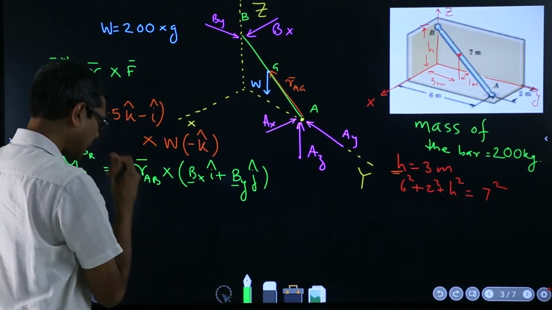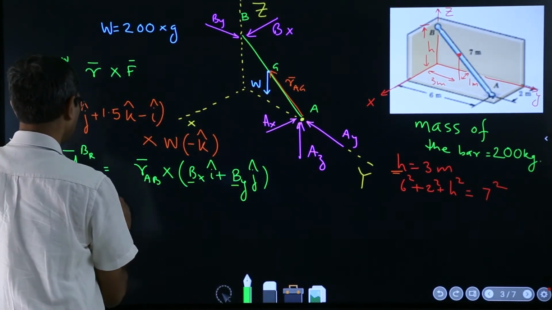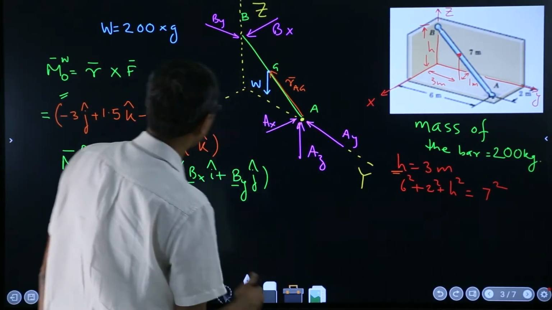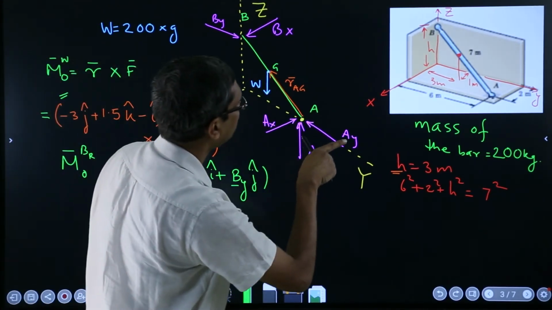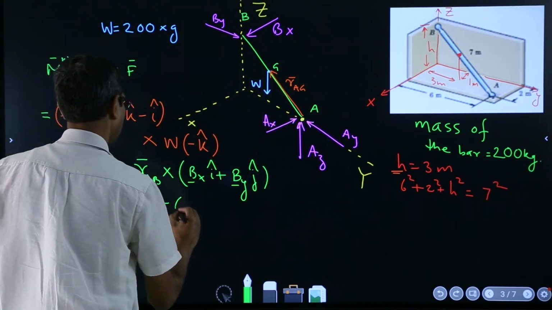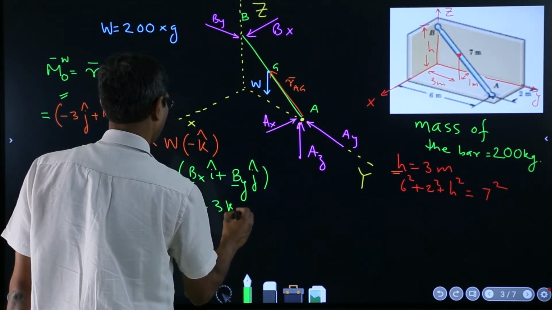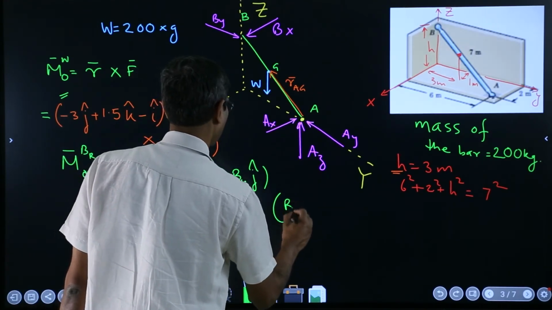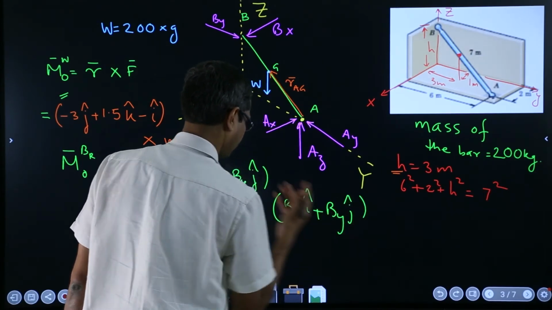And what about RAB? In the x direction, how much do I have to go? Minus 2i. Then in the y direction, I have to go minus 6j, and plus 3k. So this is RAB crossed with Bx i plus By j.